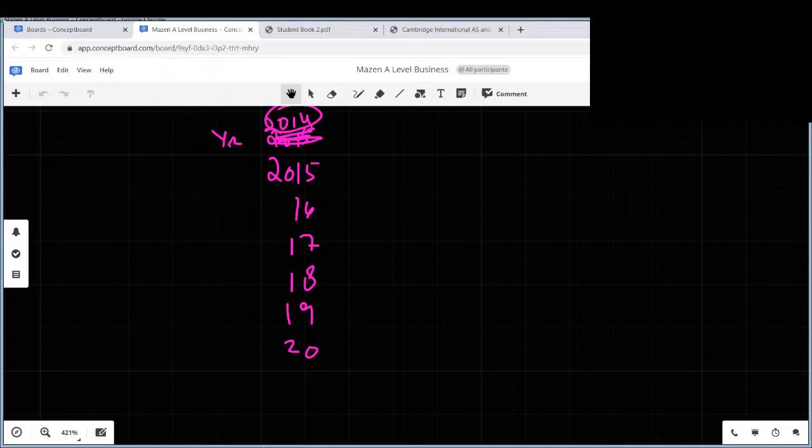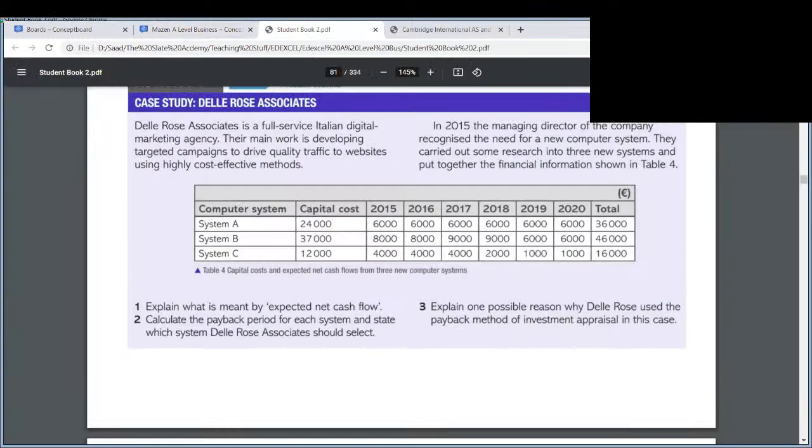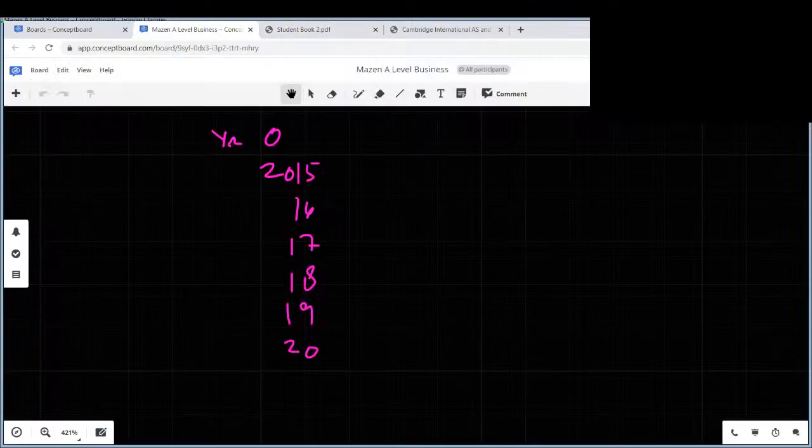So this starting value I've written as 2014, because we are taking the end value of every year. However, it's the start of 2015, or year 0. So at the start of 2015 our capital outlay is 24,000. So 24,000 goes away.